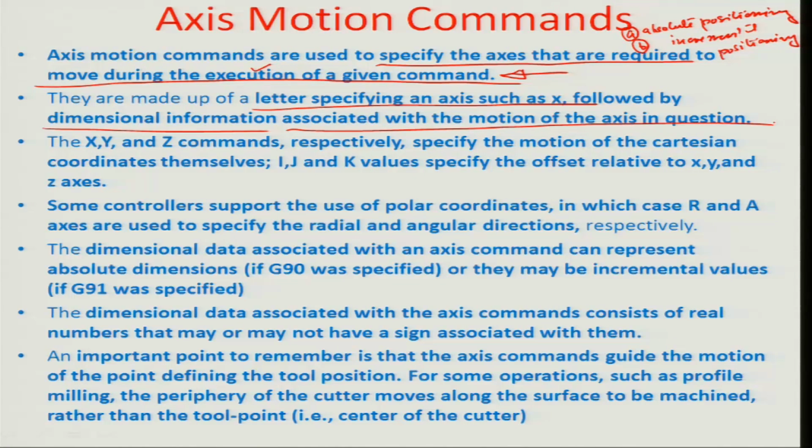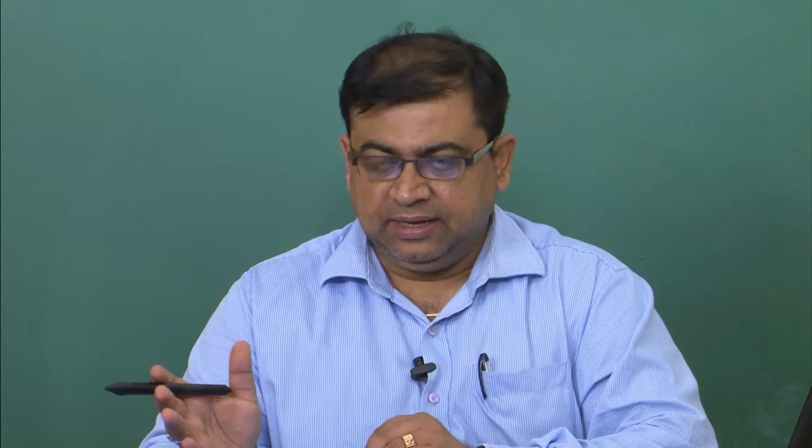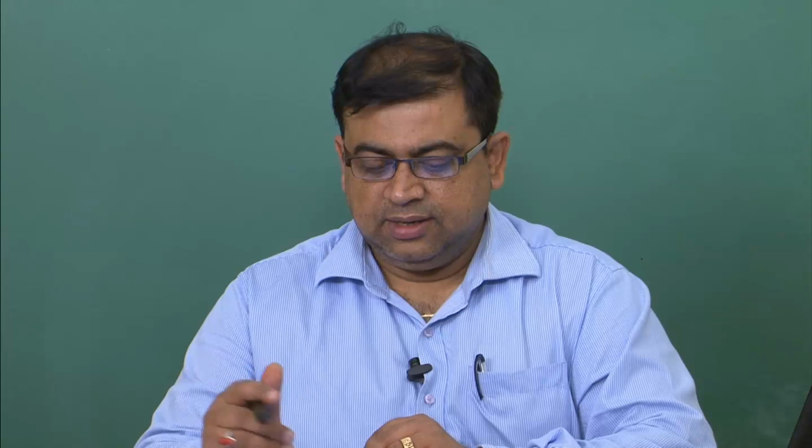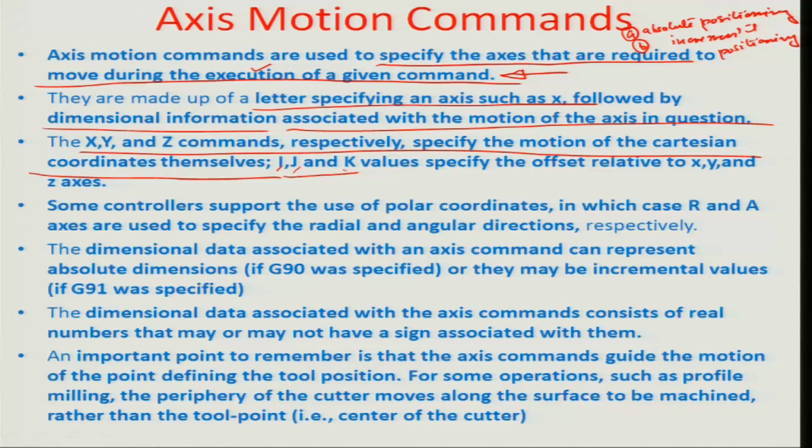The XYZ commands respectively specify the motion along the Cartesian coordinates themselves. I think I had illustrated in great detail the values IJK earlier, where IJK are the representations of the offset from a central radius, so that it can give you a basis of the beginning position of an arc, where the circular interpolation can happen in either a clockwise or a counterclockwise manner. So the I, J and K are values which specify the offset relative to the X, Y and Z axes.